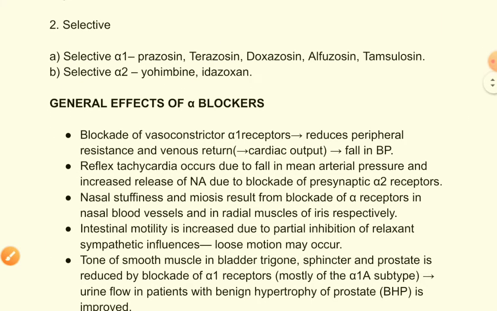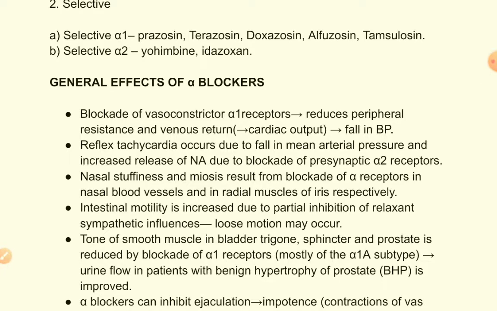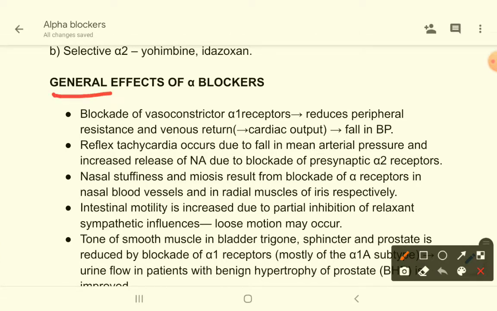Now come to the general effects of alpha blockers. What are the general actions or general effects of the alpha blockers? Number 1, blockage of vasoconstrictor alpha 1 receptors. You know that the alpha 1 receptors are present on certain types of blood vessels, and their function is vasoconstriction.